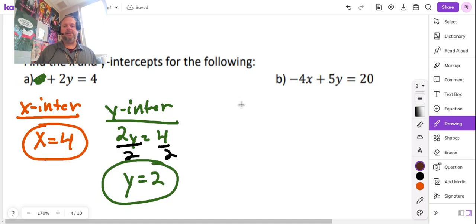On B, I'm going to find the x-intercept.